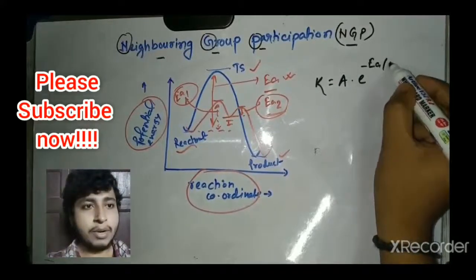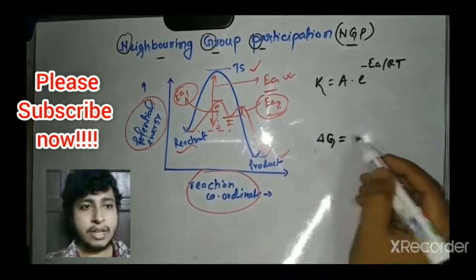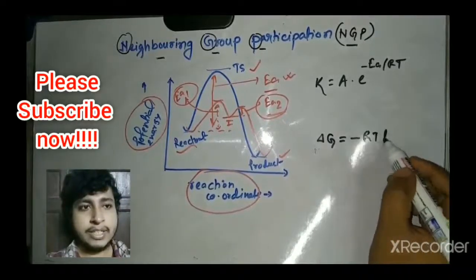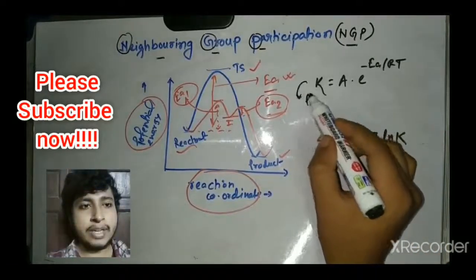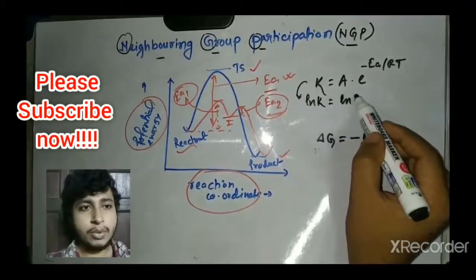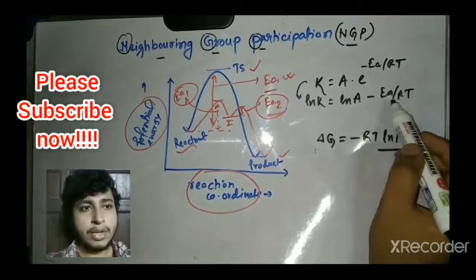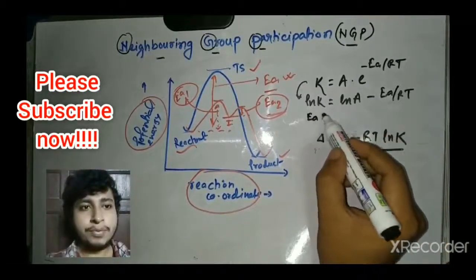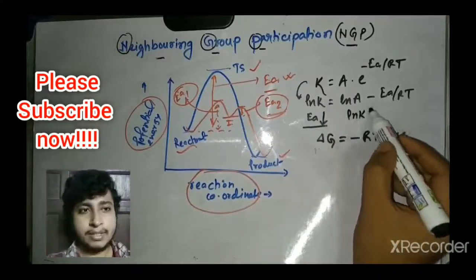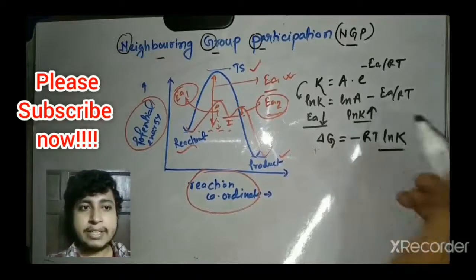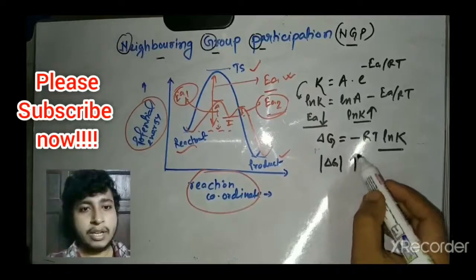K equals A into e to the power minus EA by RT, where A is the Arrhenius constant, and this is another equation, del G equals minus RT ln K. So from the first equation we can get ln K equals ln A minus EA by RT. From this equation we can conclude that if EA decreases, then ln K will obviously increase. And if ln K increases, then from the other equation we can say the modulus value of del G will also increase.